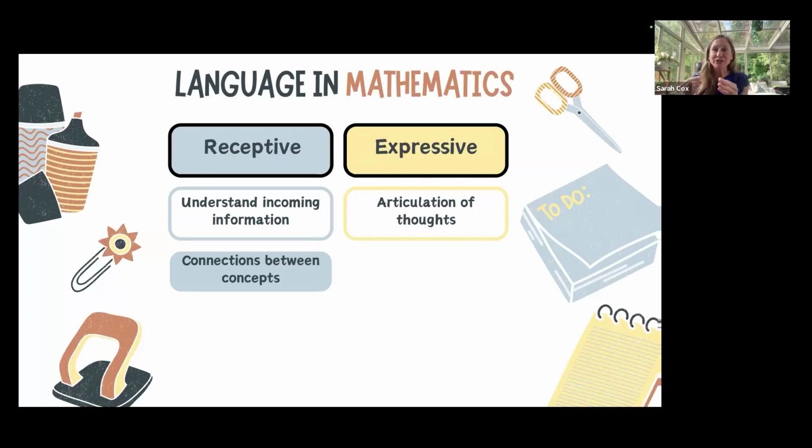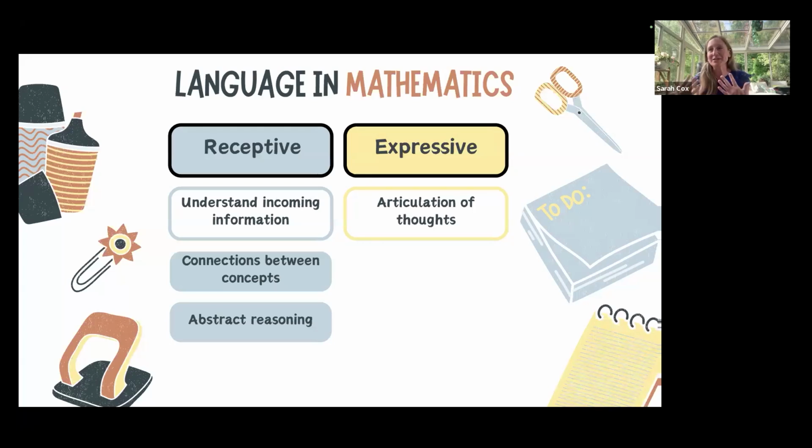And in order to do that, in order to not think of these as distinct, separate things that we are teaching them, but to draw those connections, they have to use that receptive language. They also have to be able to reason abstractly.